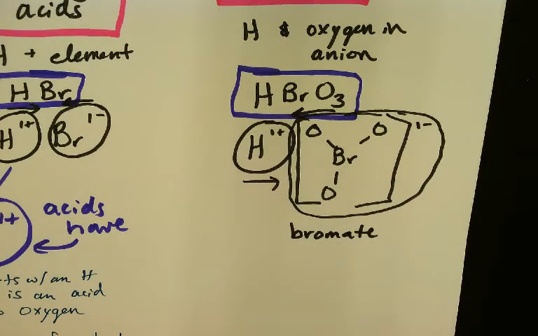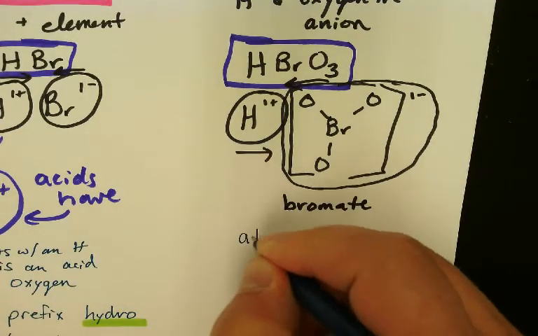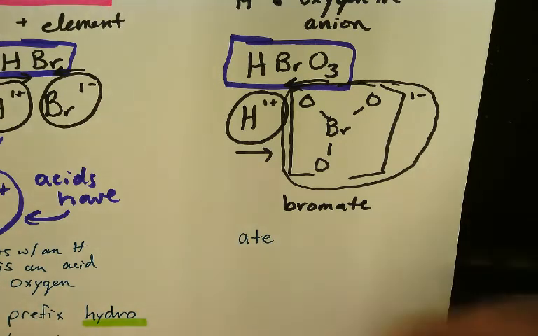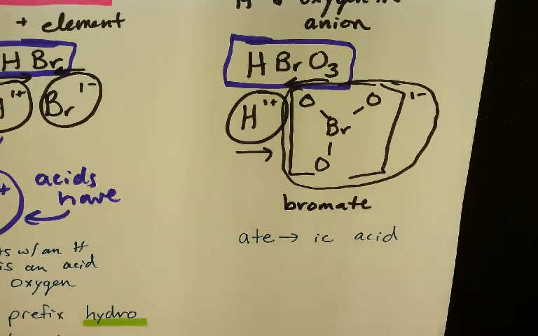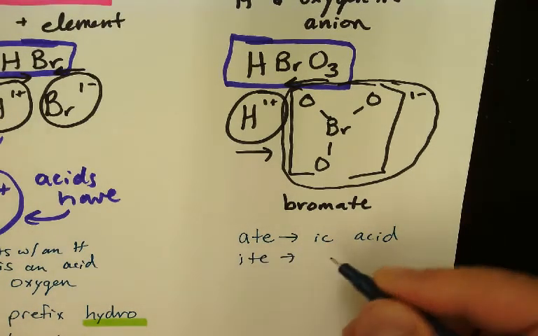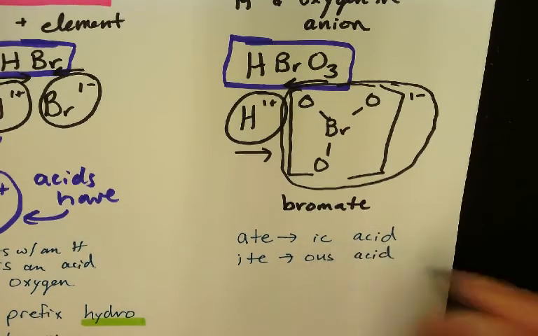Here's the rule that we are following. If you have an ate, you're going to change the ate to an ic and put the word acid. If you have an ite, you're going to change the ite to ous and add the word acid.